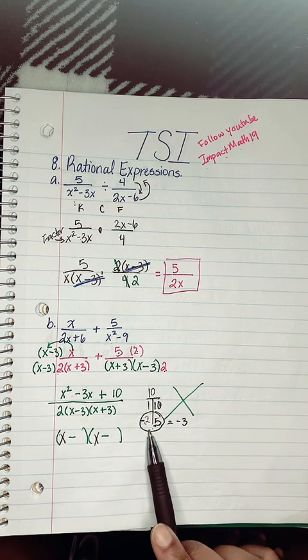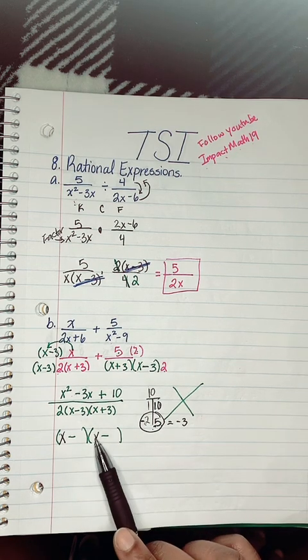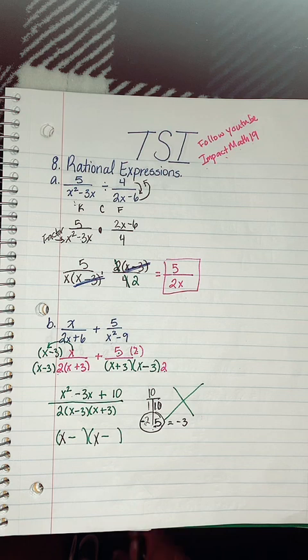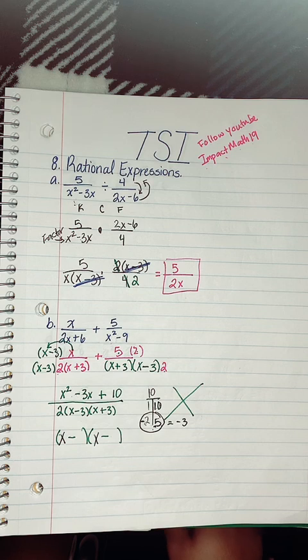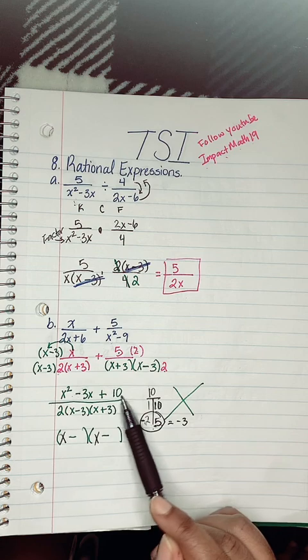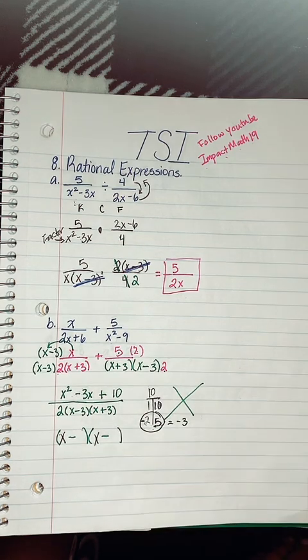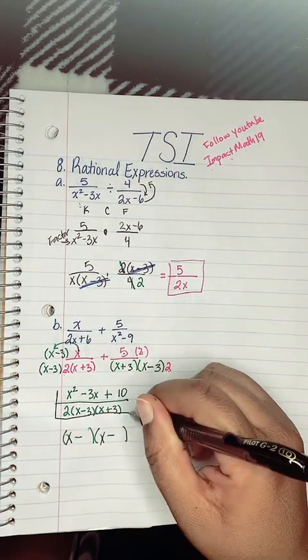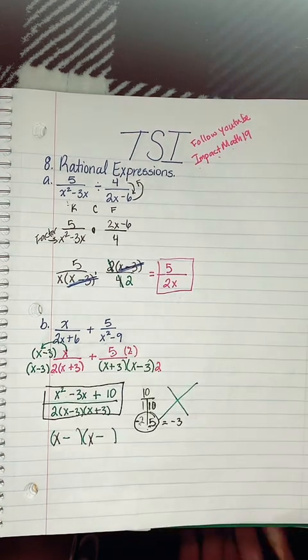This is non-factorable because they both must be negative. I think that's all we can do, you guys. We have to stop there because we can't factor this. So this would be our answer. That's as far as we can go.